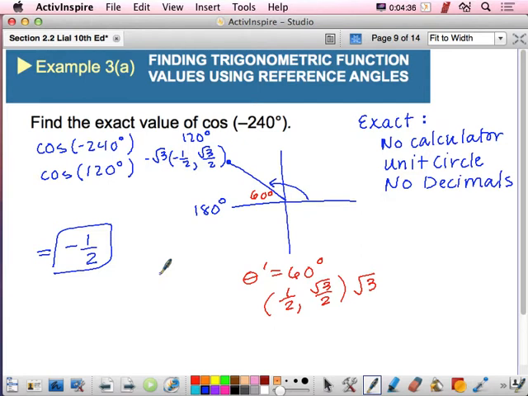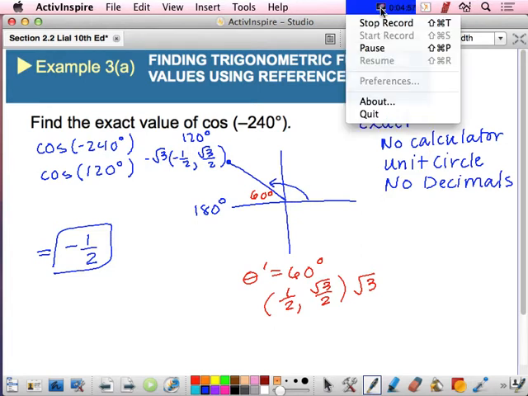And cosine is negative there because the x value of the ordered pair is negative there. So I adjusted the ordered pair, and that told me that the cosine value is negative 1/2 because it's x over r. So this is an additional point on the unit circle, right there. Any questions?